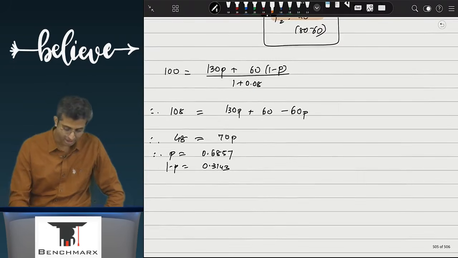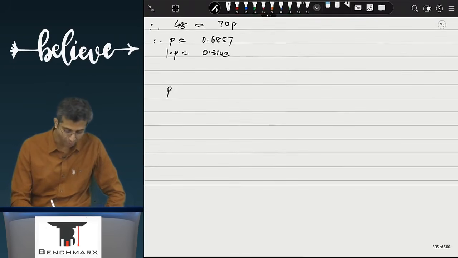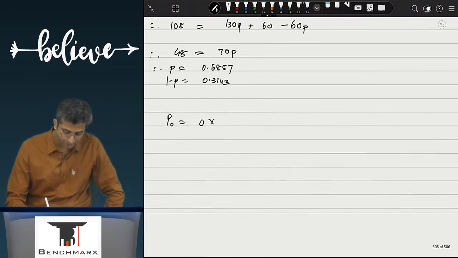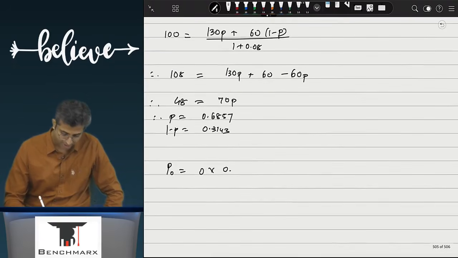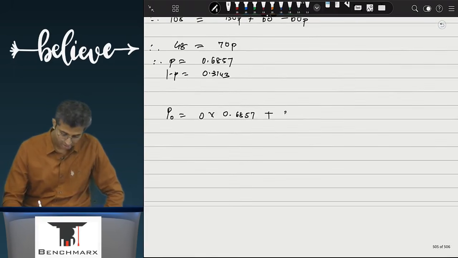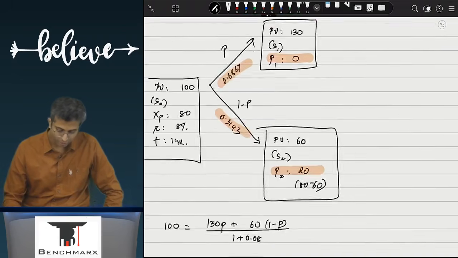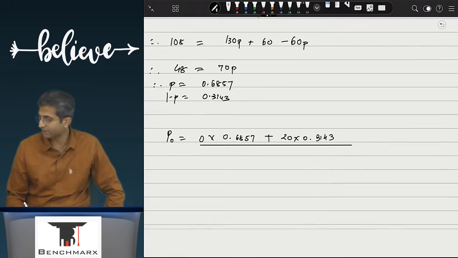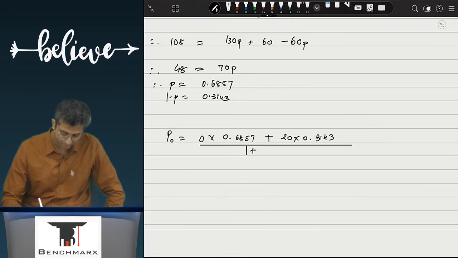And as a result, the value of the put option will be 0 into 0.6857 plus 20 into 0.3143, divided by 1 plus 0.08.